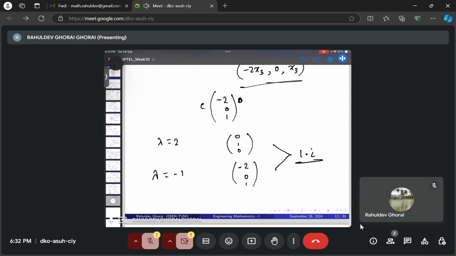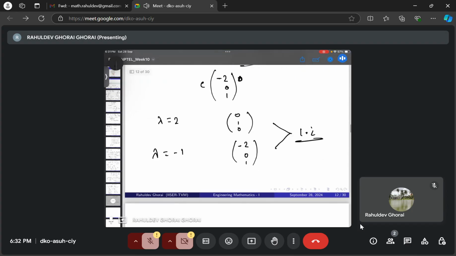I started with evaluating these two, and if you evaluate the eigenvector corresponding to lambda equal to 4, you will get one eigenvector, and you can check that these three are also linearly independent.